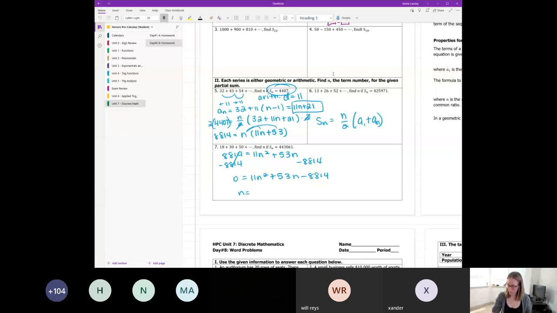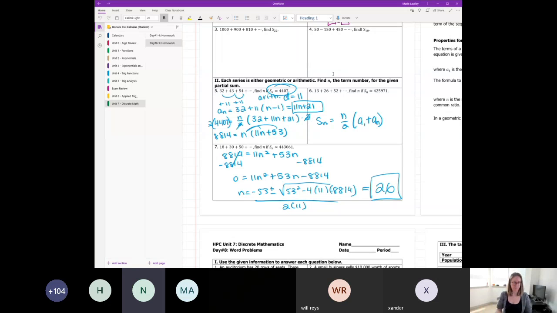So negative 53 plus or minus the square root of 53 squared minus 4ac, with c being negative 8814, all over 2 times 11. And when you simplify this, you should end up with 26. So 26 is your n value.